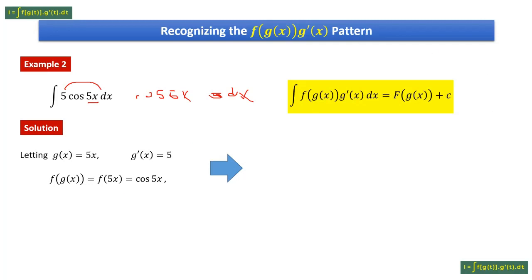So this function follows this pattern. Integrating this one, we just need to get the integral of cosine, which is sine, and then the final answer is sine 5x plus c.